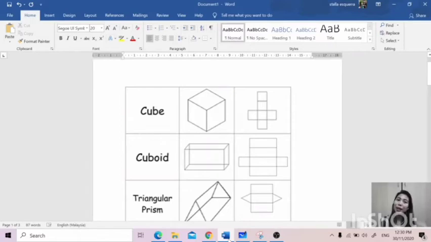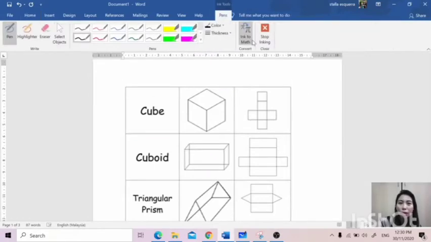For the cube, as we know, we have a combination of 2D shapes.